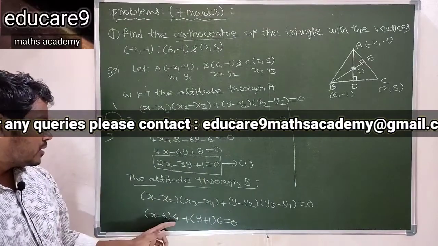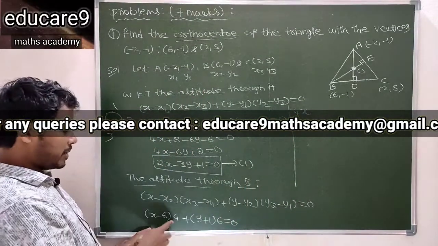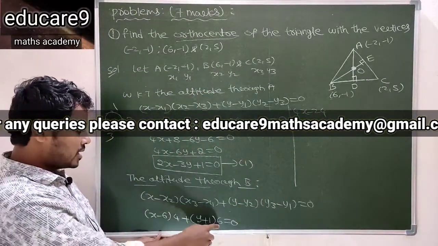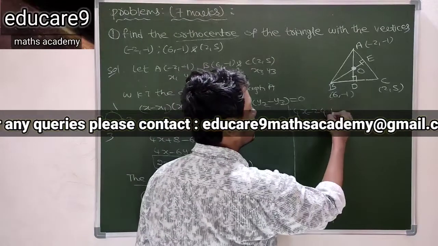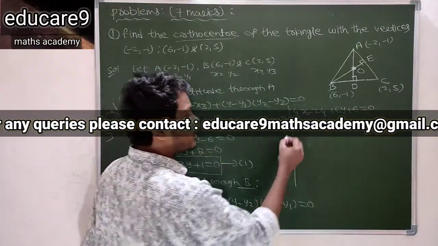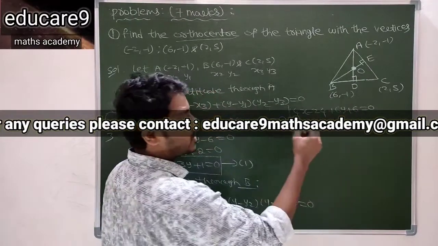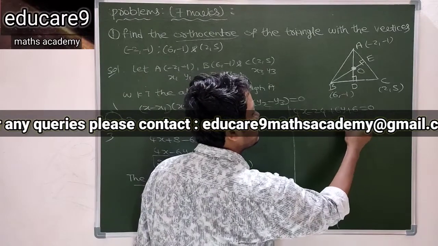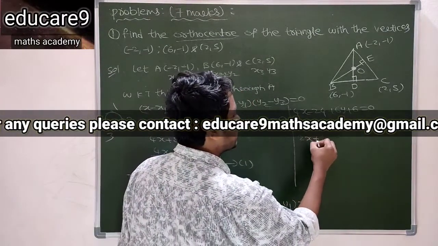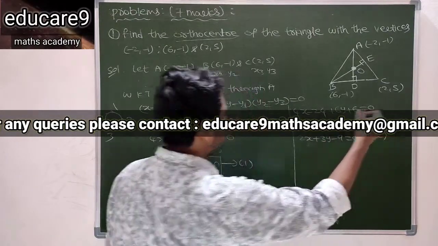Now this is 4x minus 24 plus 6y plus 6. So 4x plus 6y minus 24 plus 6, minus 18, equals 0. Here 2 is common, what you get: 2x plus 3y minus 9 equals 0. So this is equation 2.